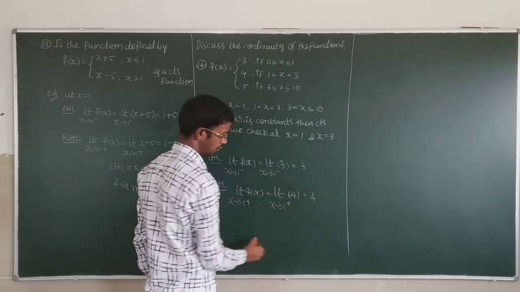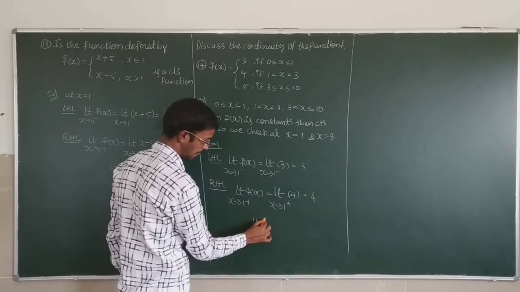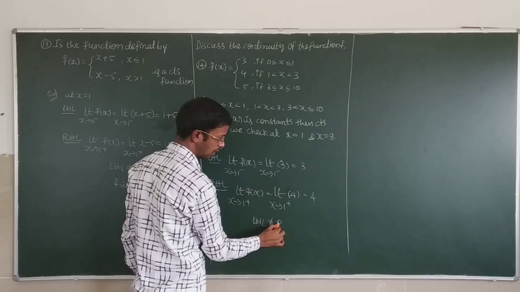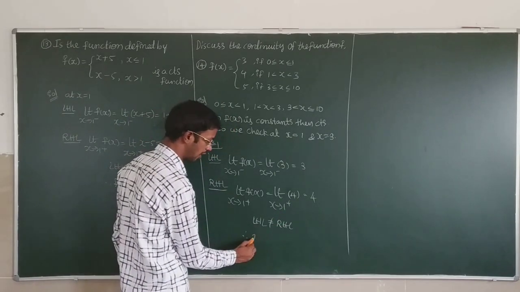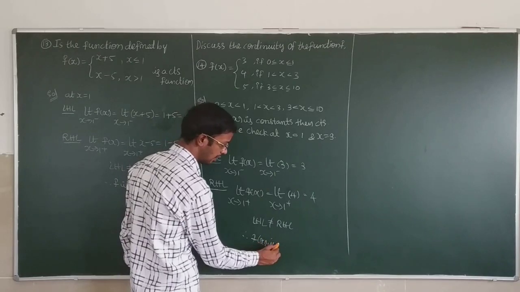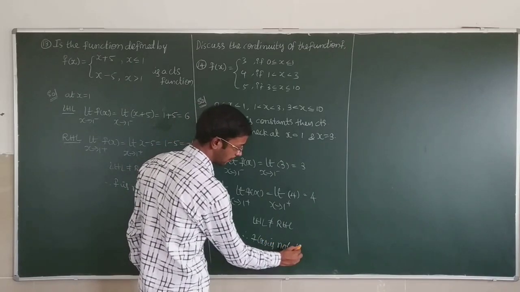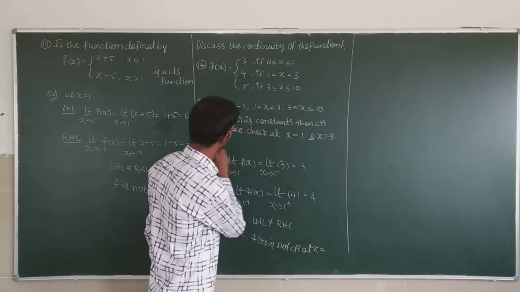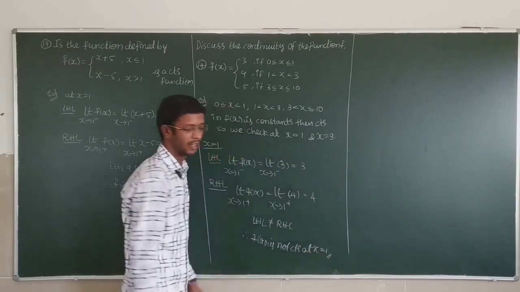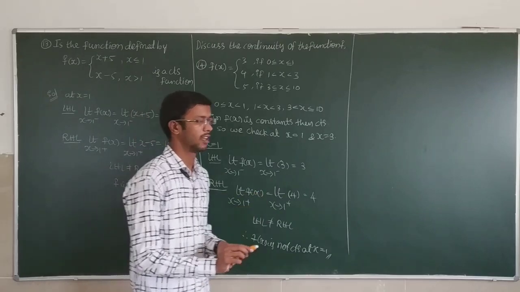So the answer is 4. LHL not equal to RHL. Therefore, f of x is not continuous at x is equal to 1. Not continuous, or you can also say discontinuous.